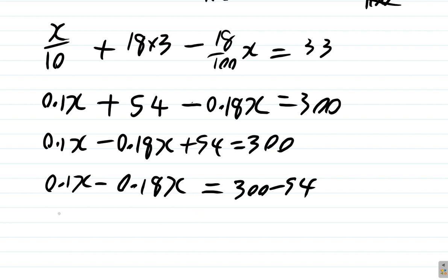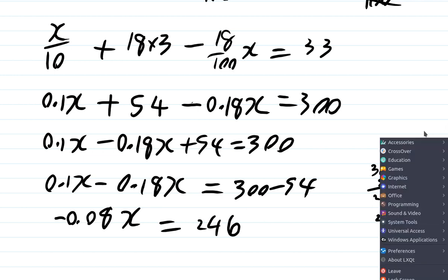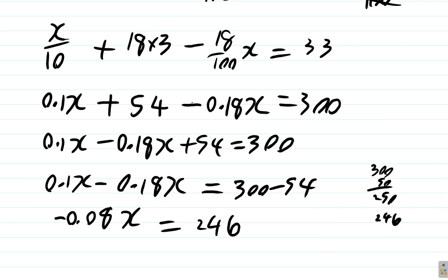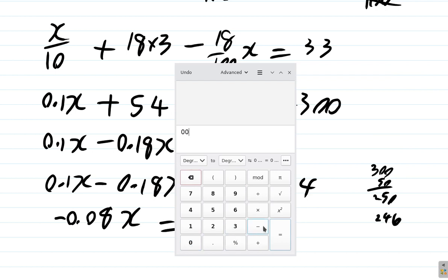0.1 minus 0.18 is negative 0.08x equals 300 minus 54. What is that? 300 minus 50 would give you 250, and then taking 4 more from that would give you 246. Alright, so let's just work quickly now with our calculator. So remember what we had was 300 minus 54.